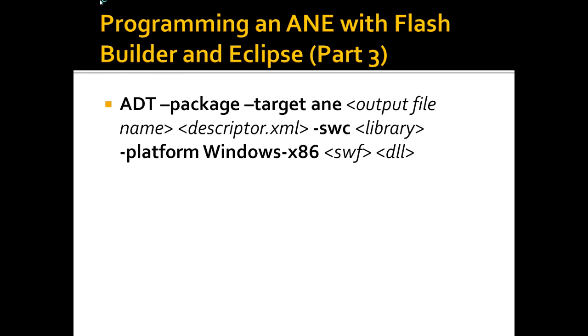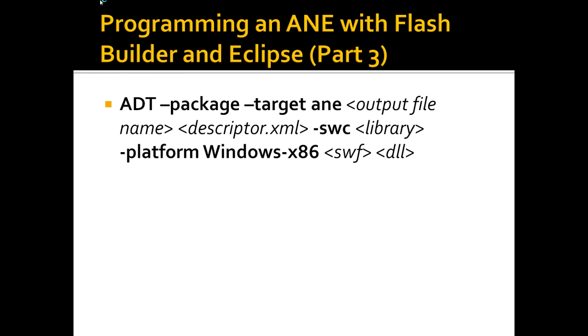So in our case it was sample.ane, space descriptor.xml, or whatever you named your descriptor file, -swc, the actual library file name, so sample ane library.swc. Make sure that SWC file is version 13 or higher. Then you're going to do space -platform space Windows-x86 space the library.swf file space whatever DLL that you created.